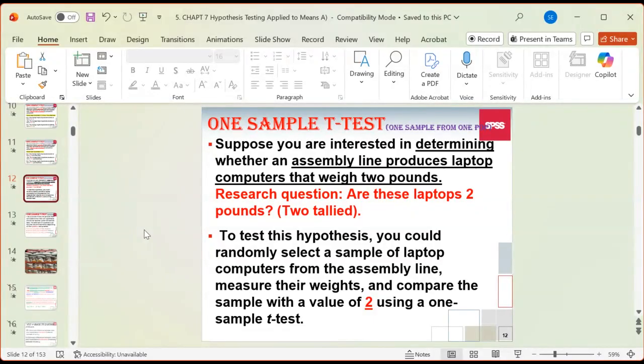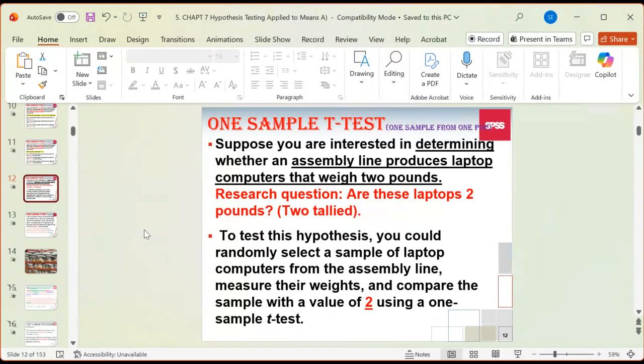Step three, calculate the t. The t calculation is pretty much just like the z calculation. The difference is, instead of sigma, which is the standard deviation for the population, we use S, which is the standard deviation for the sample.